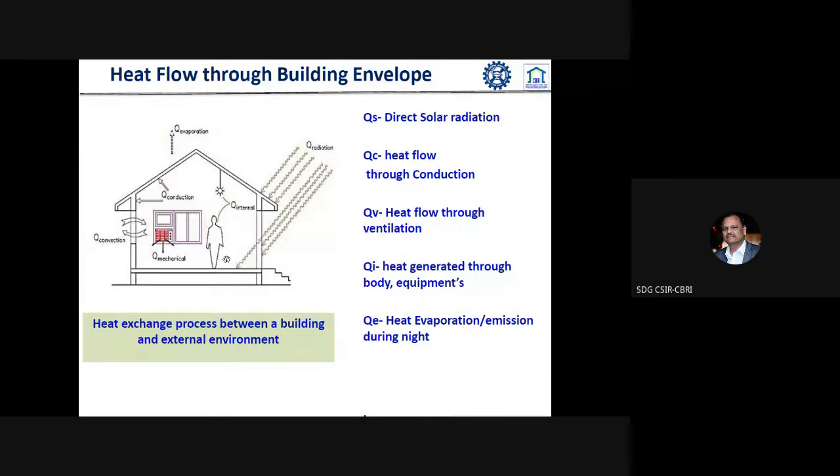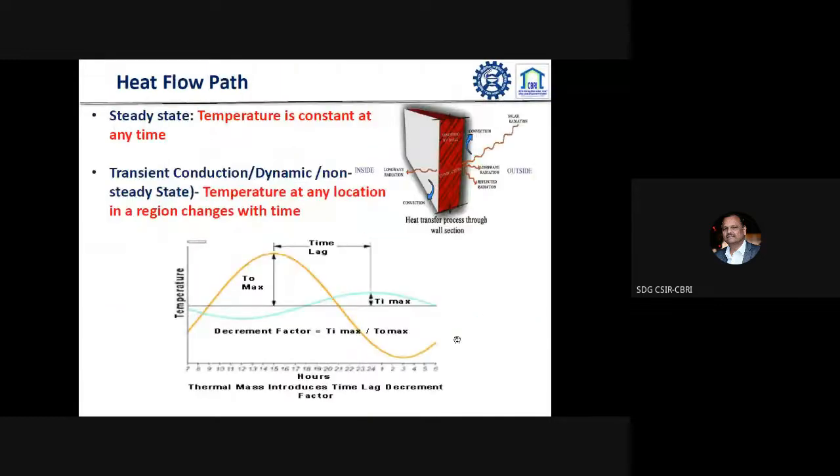Apart from this, there is another source, the human body, which generates heat because of metabolic activities. If we list out these heat flows: QS through solar radiation, QC through conduction, QV through ventilation, QI generated through the body, and QE, the heat evaporation or emission during the night.